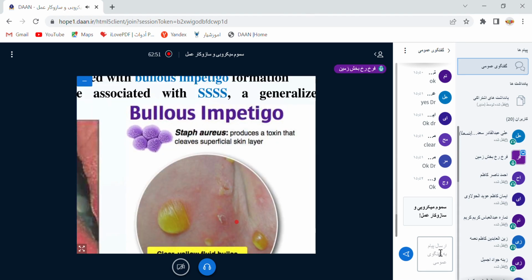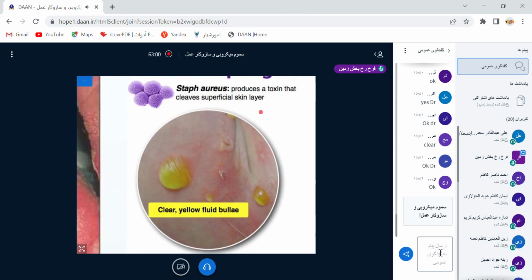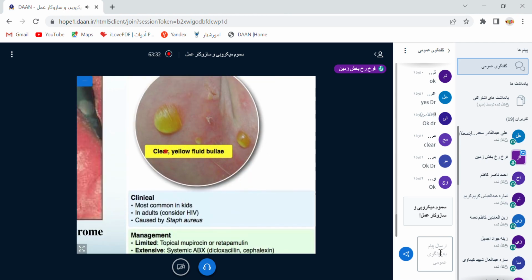As I explained, here you can see bullous impetigo: Staphylococcus aureus produces toxin that cleaves the superficial skin layer, and you can see some bullae containing clear yellow fluid full of pus, and when these are broken, many other bacteria can go through this infected part and cause a mixed infection with staph and another bacteria.